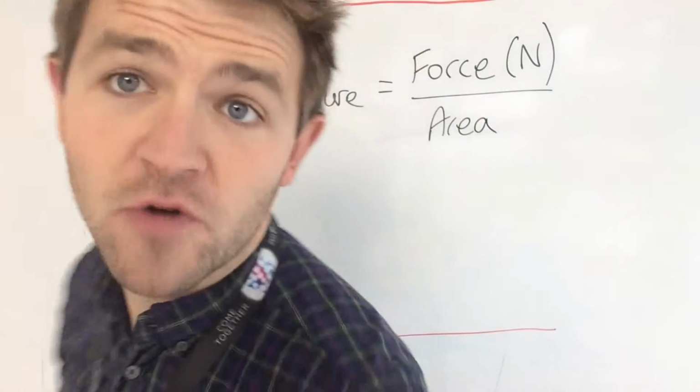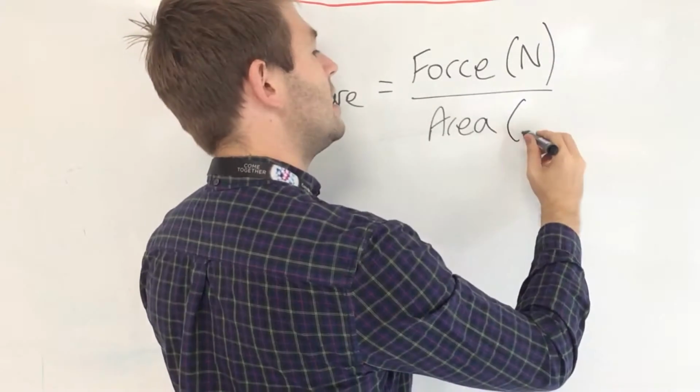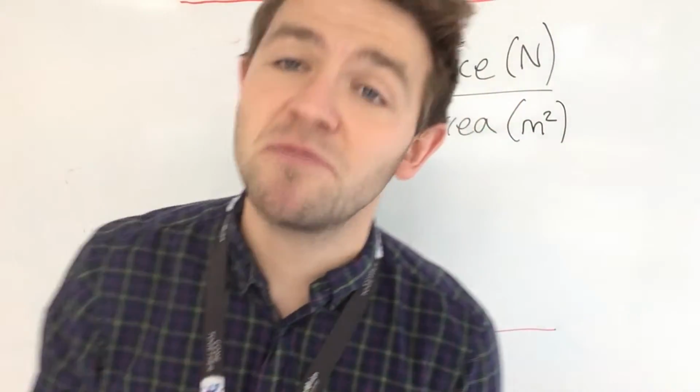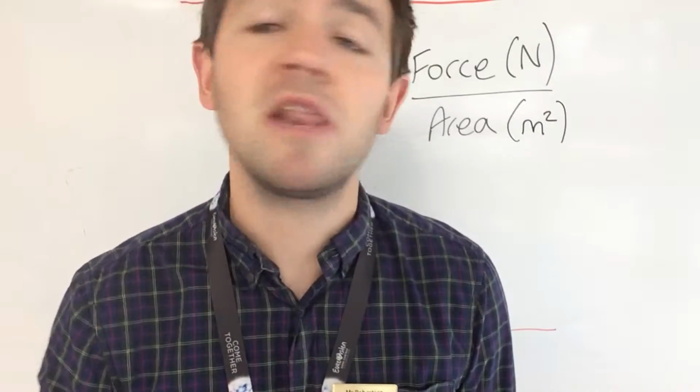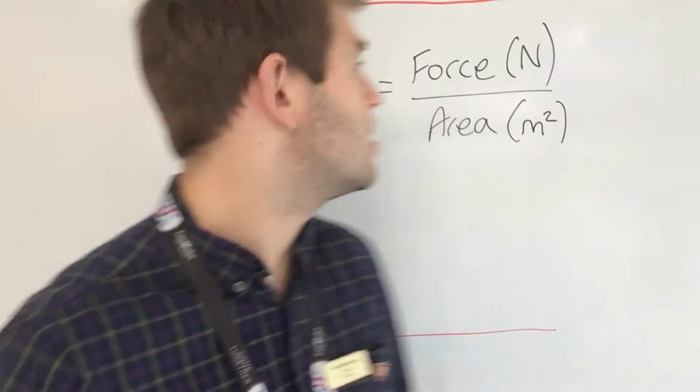And of course, as you know from maths, the unit I use to measure area is meters squared. Yes, if it's a smaller area, I can use centimeters squared. I can use millimeters squared, whatever. As long as it's an area, that's what's important.